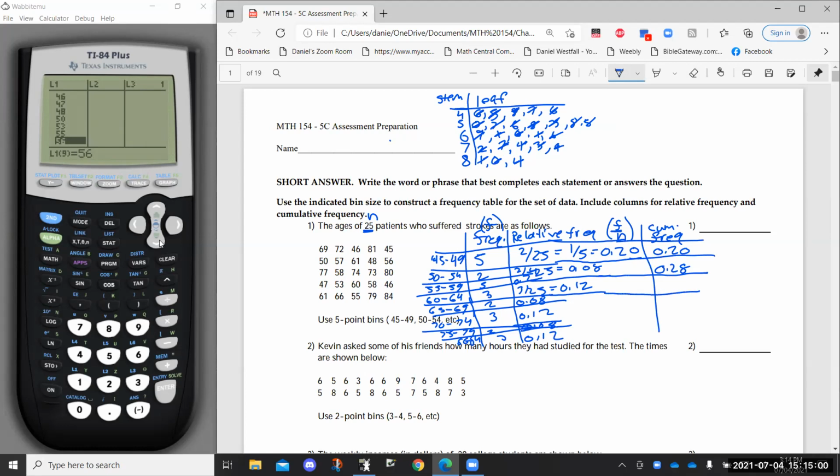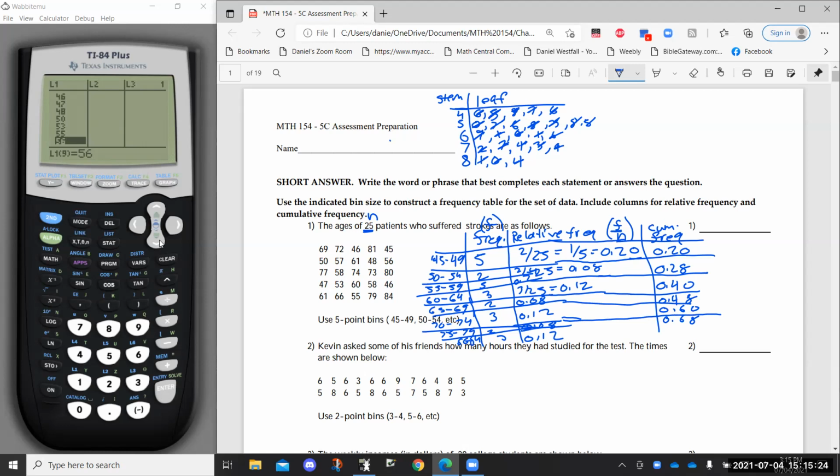Then I'm going to add that 12 to it, and I get 40%. Then I'm going to add this 8% to it, and I get 48%. Then I'm going to add that 12% to it, and that's going to be 60%. Then I'm going to add this 8 to it, and it's going to be 68%.